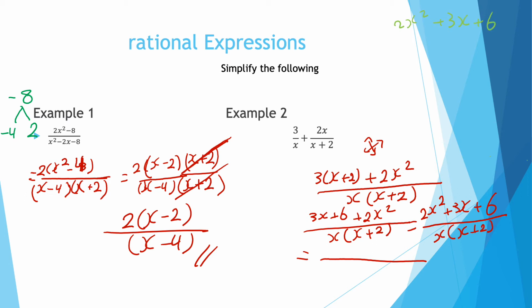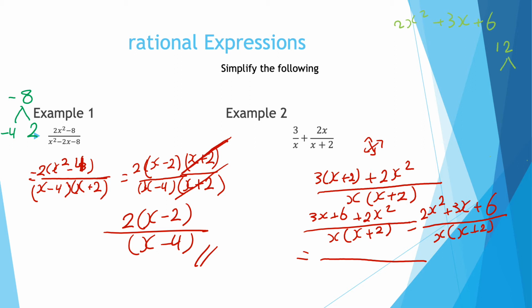So you multiply those two numbers, the coefficient of x squared with the constant. So I got 12. Then you look for two numbers, two factors, that if you add them together give me positive 3. And there are no factors of 12 that add together to give you positive 3.